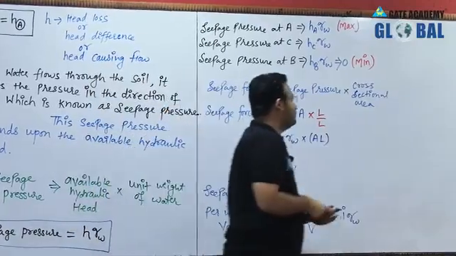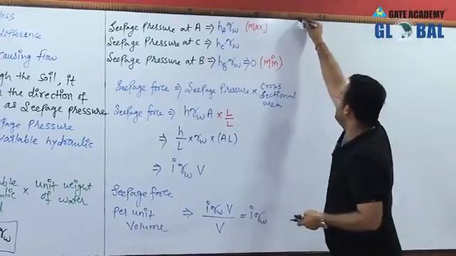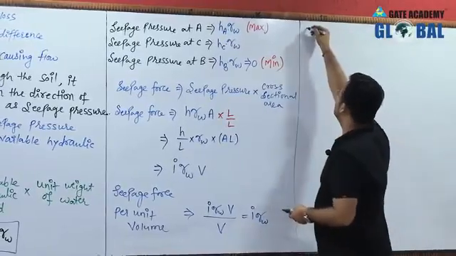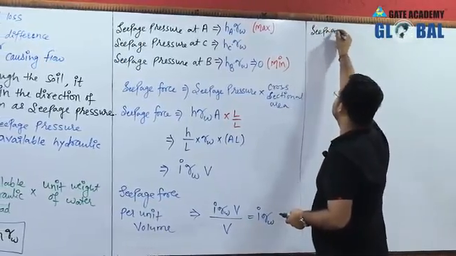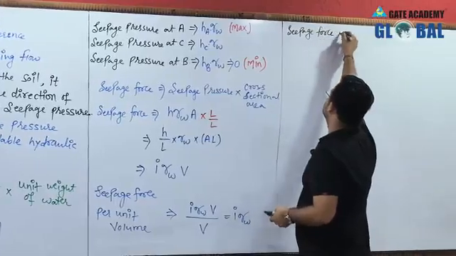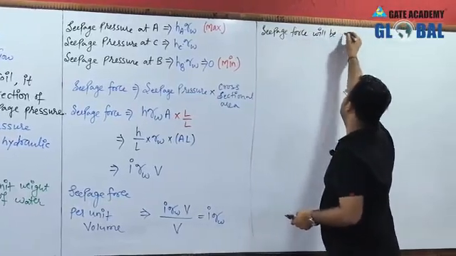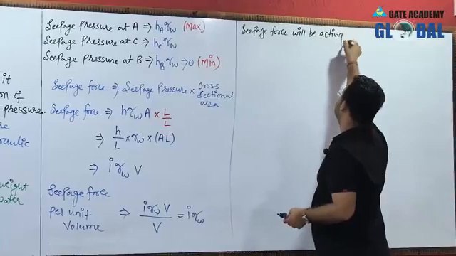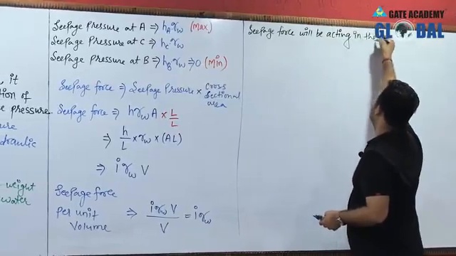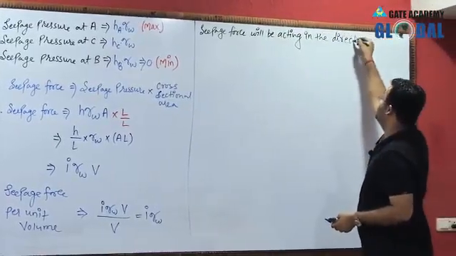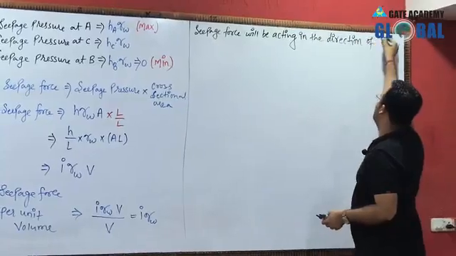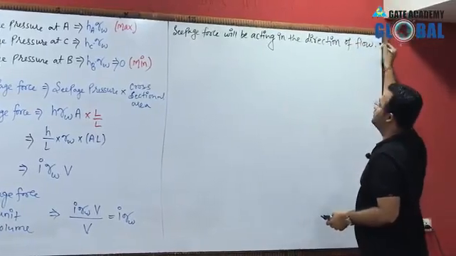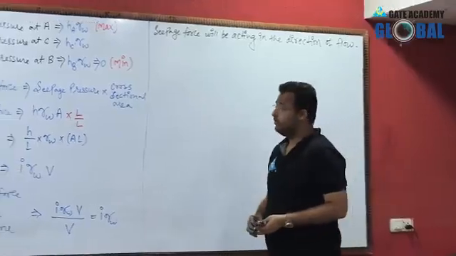Okay, so seepage force will be always acting in the direction of flow. So I can write seepage force will be acting in the direction of flow. Okay, this is a very important point.